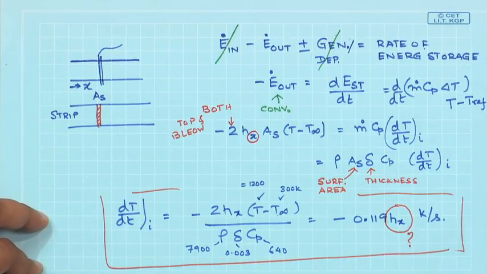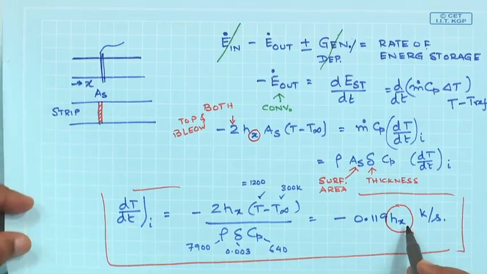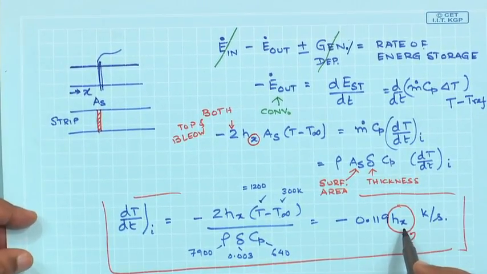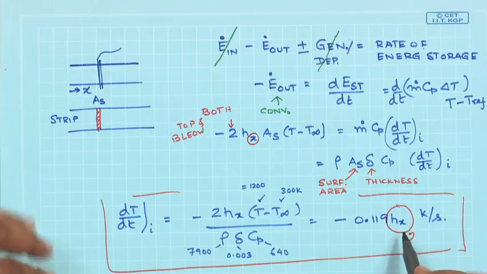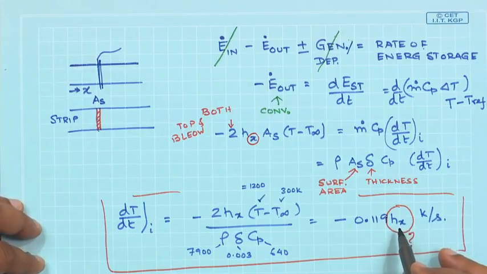So, the problem boils down to finding the value of Hx. We have to choose the right expression for evaluating Hx based on whether it is laminar flow or turbulent flow.